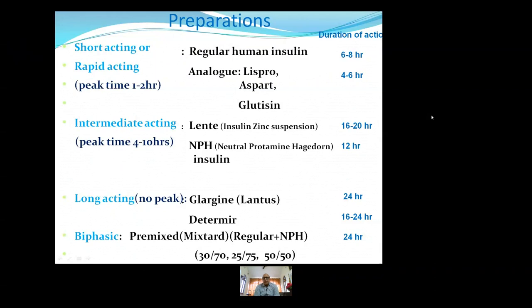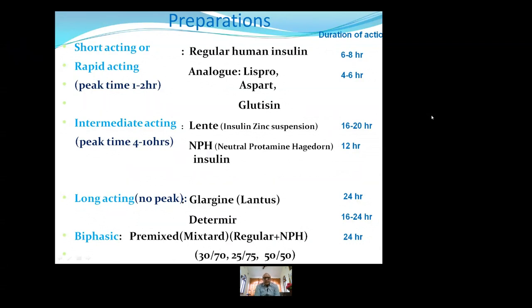NPH is neutral protamine Hagedorn insulin. Duration of action is 12 hours. Long acting, no peak: glargine or Lantus, 24-hour duration of action. Detemir, 16 to 24 hours.